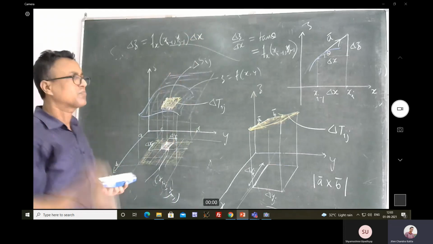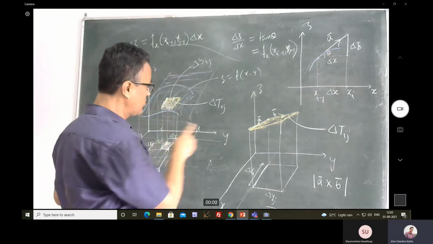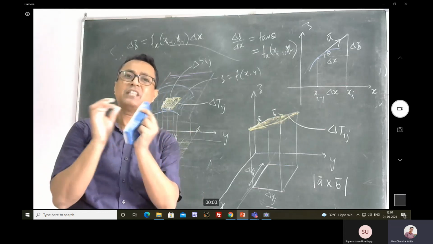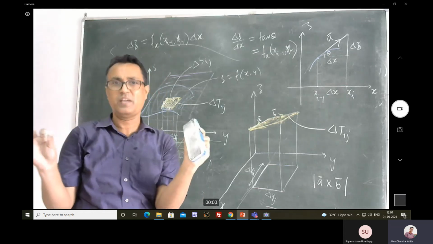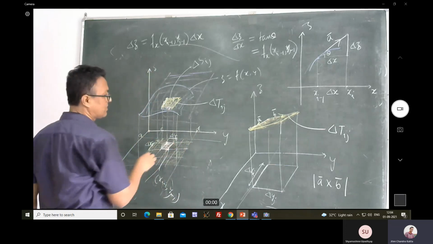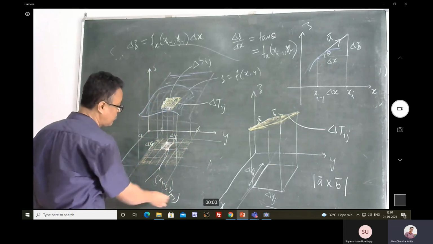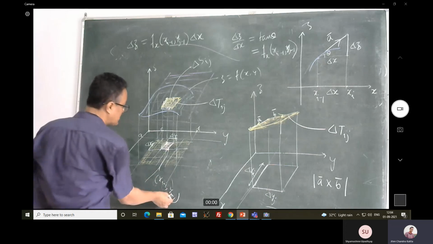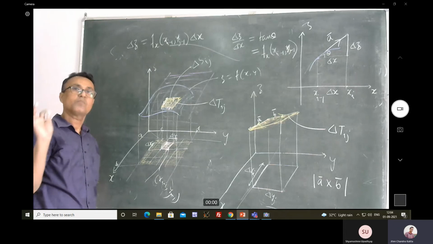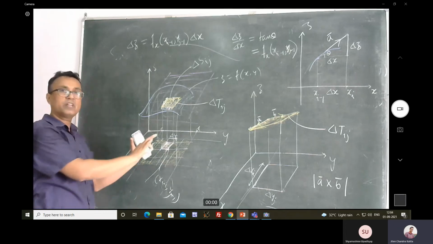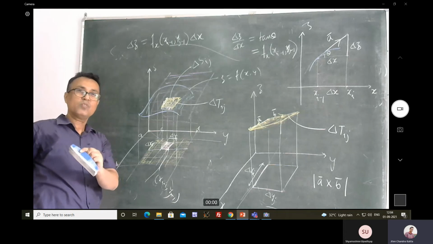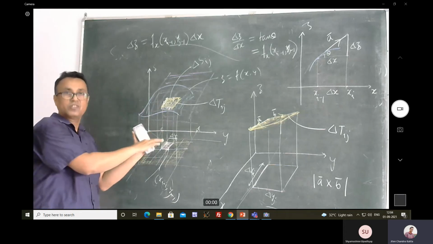In the Stewart book, they use the point (x_i, y_j). Eventually, as you let m, n tend to infinity, it is going to be the same. But to explain the concept, I use x_{i-1}, y_{j-1}, because that is the point nearest to the origin and the analysis will look much better. There shouldn't be any confusion; whatever you read in the Stewart book, the analysis will remain the same.